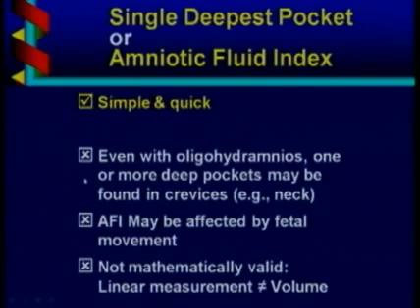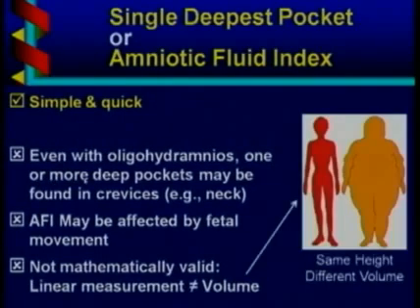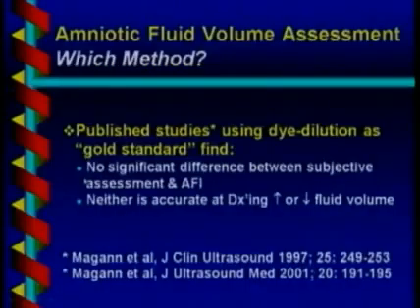Linear measurements do not correlate with volume. And this is a schematic indicator of why that's true. Here are 2 different diagrams of 2 different people. They have the same linear measurement if you measure height, but they have very different volumes. So linear measurements do not correlate with volume.